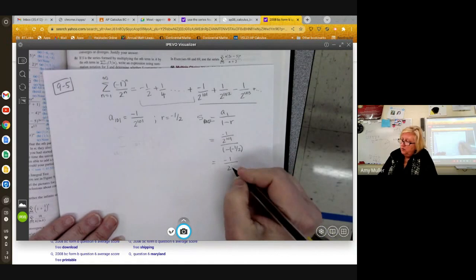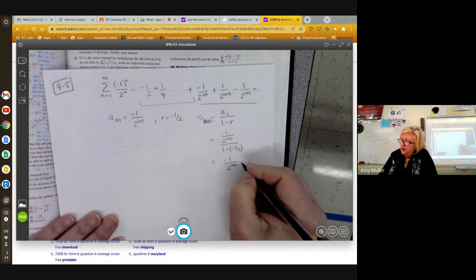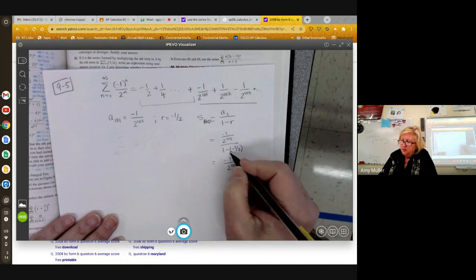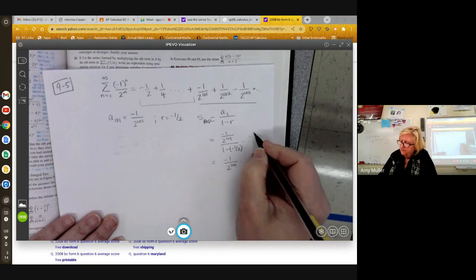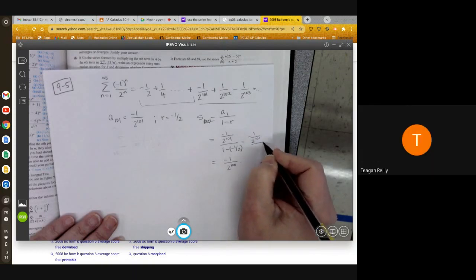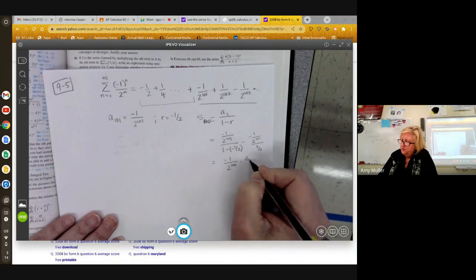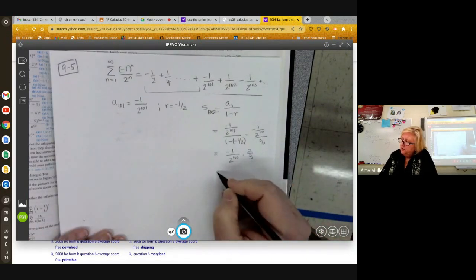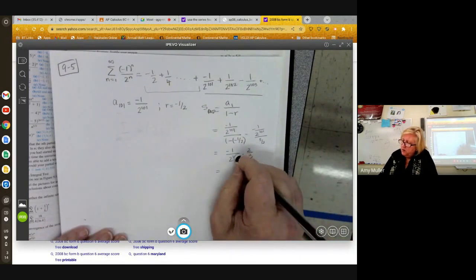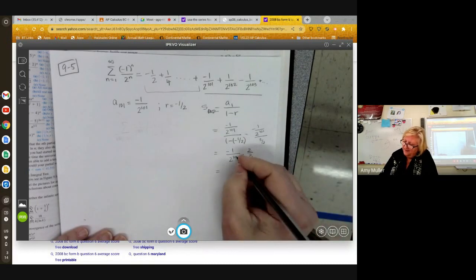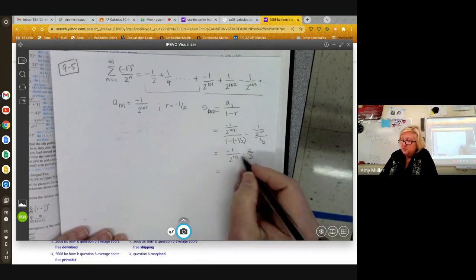So that's negative 1 over 2 to the 101 times, this is 3/2 on the bottom, right? Yes. So this is going to be 2/3. But what I'm doing is I'm subtracting the 2 already.